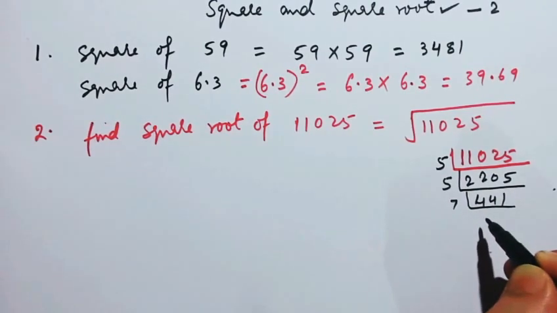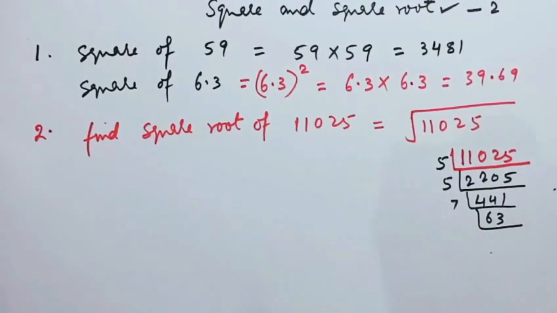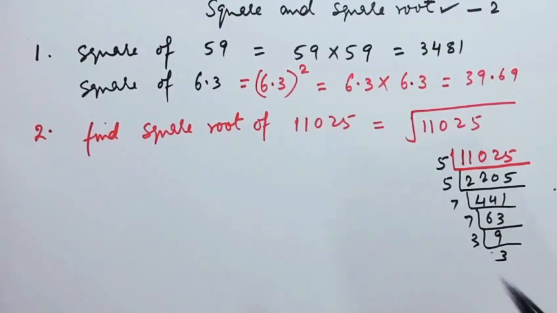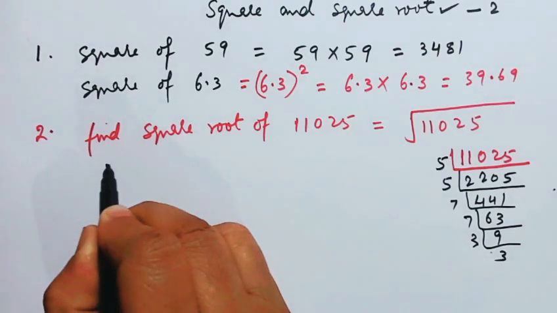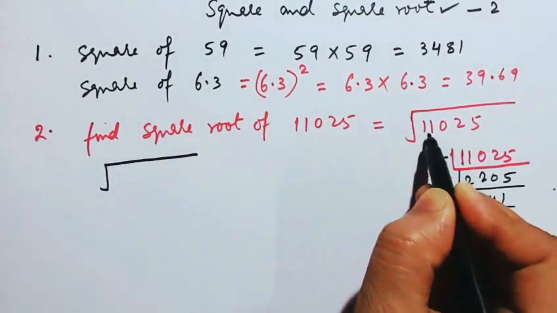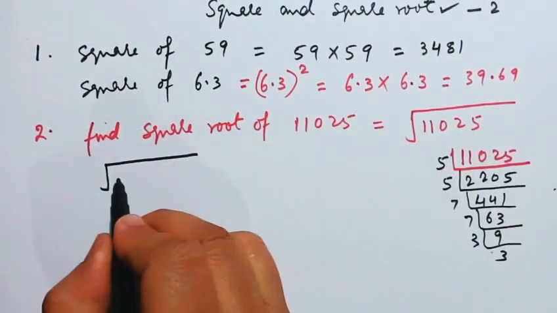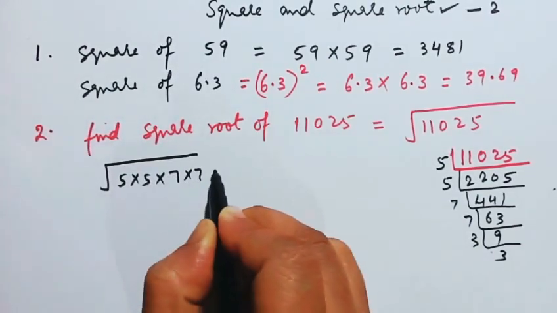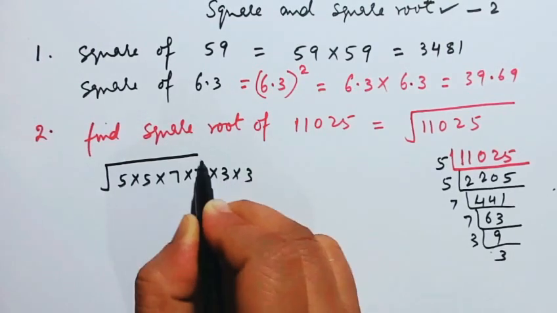Then 441 is 7 times 63, and 63 is 7 times 9, and 9 is 3 times 3. So on disintegrating it into prime factors, I get the square root of 11025 as 5 times 5 times 7 times 7 times 3 times 3.